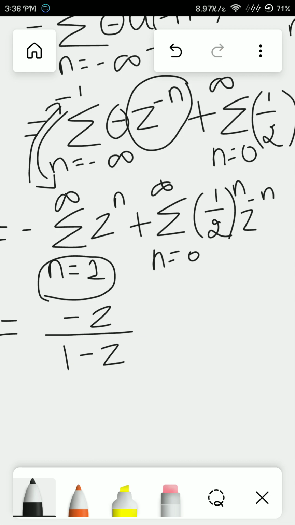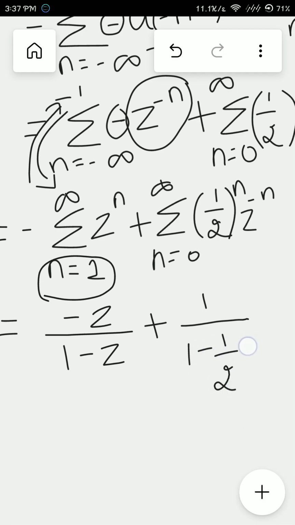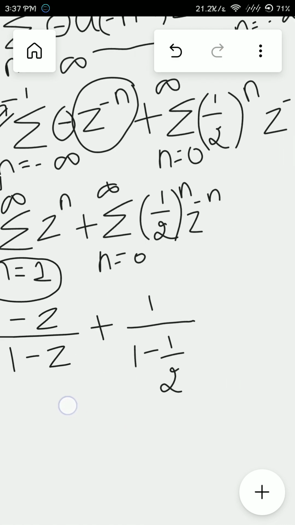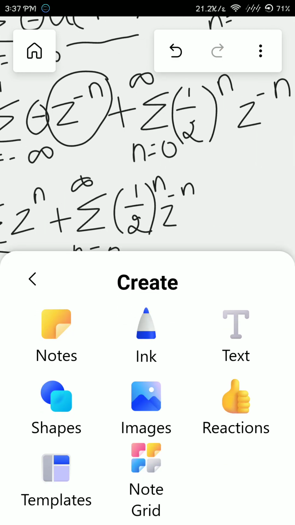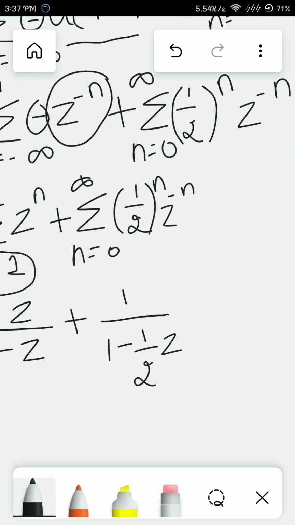I get the formula, plus 1 divided by 1 minus 1 by 2 z inverse, right? This is the formula for this particular one. You got it right? Yes.